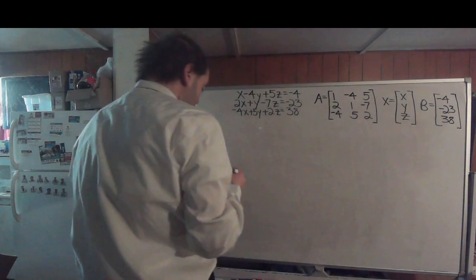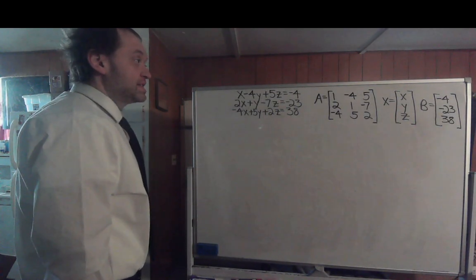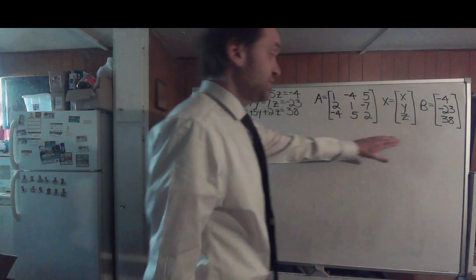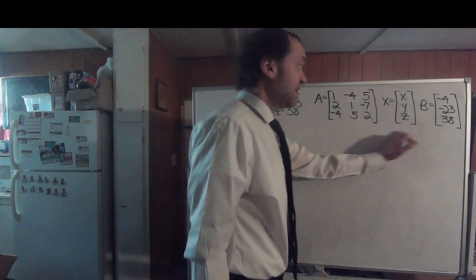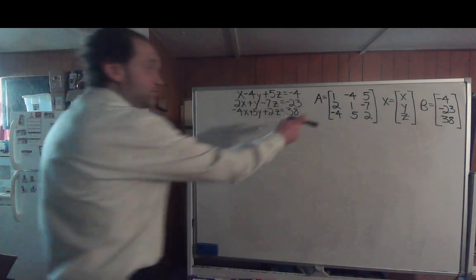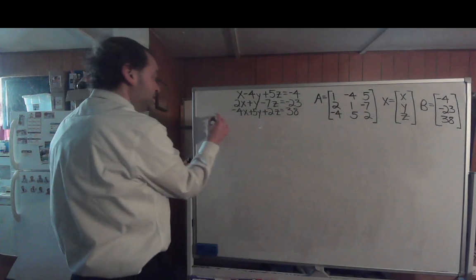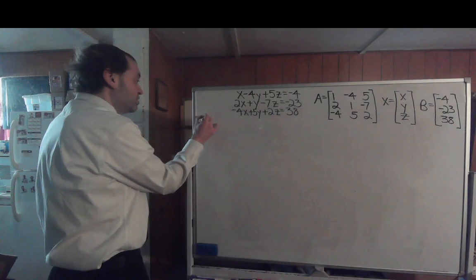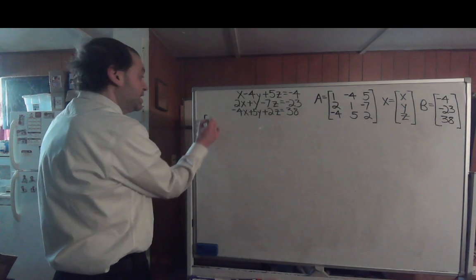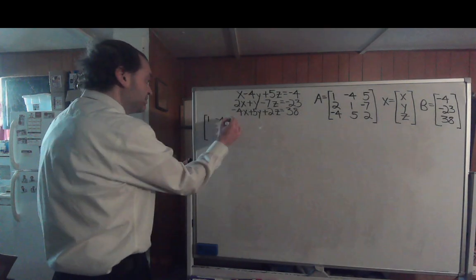All right. So in this case now we've separated our matrices. We have matrices A, X, and B. Well, we want to find the inverse of matrix A. So take this matrix A, set it into a double augmented matrix. So you'll have the 1, the negative 4, and the 5.